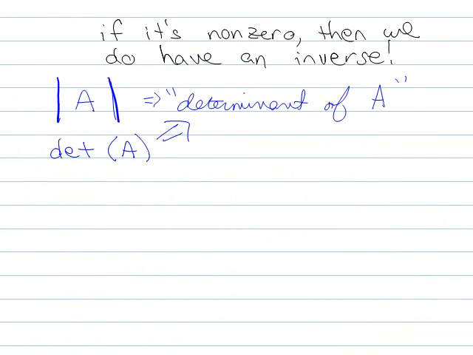If the determinant is non-zero, it has an inverse. If the determinant is 0, it doesn't have an inverse.